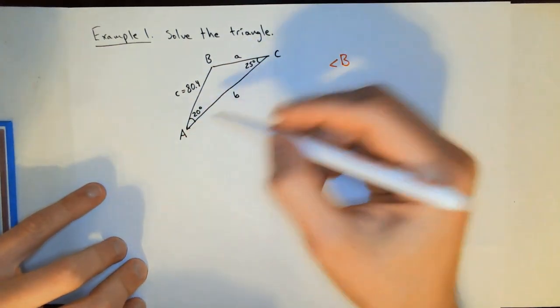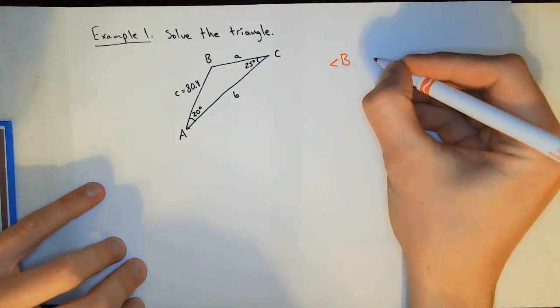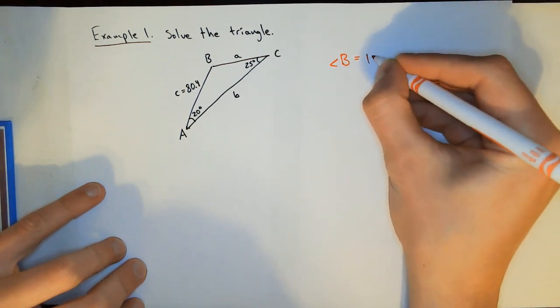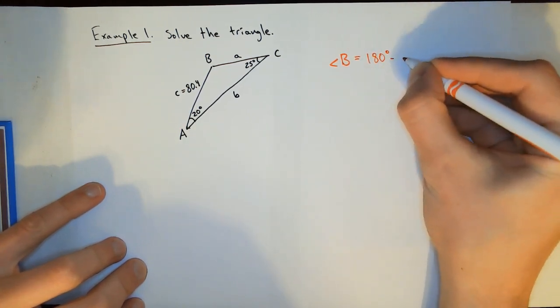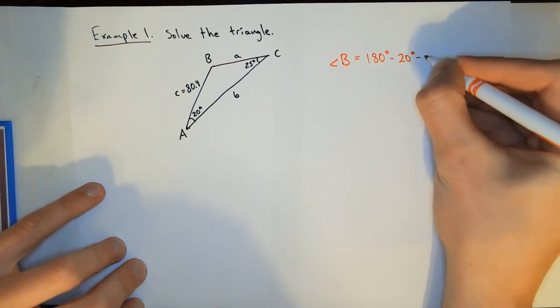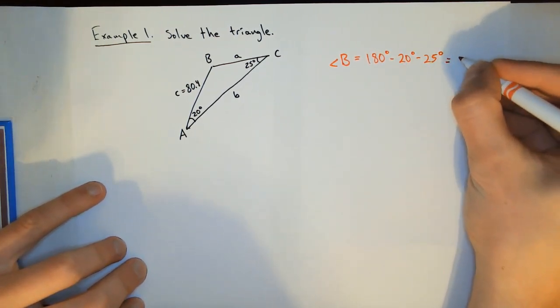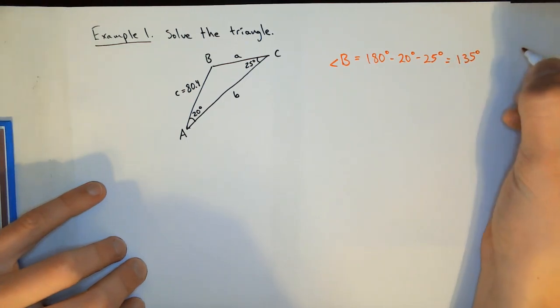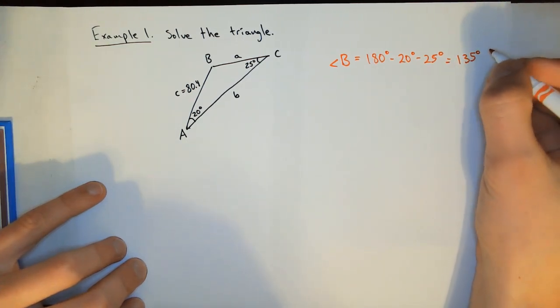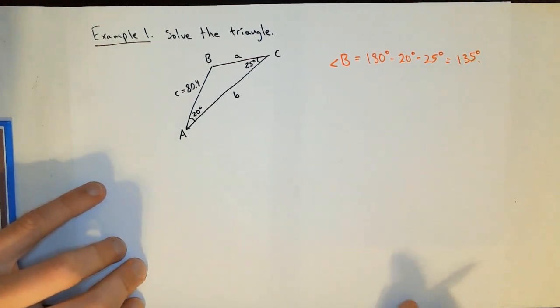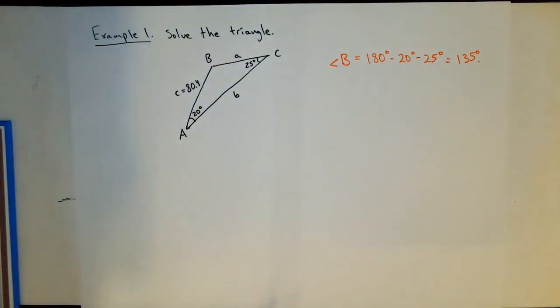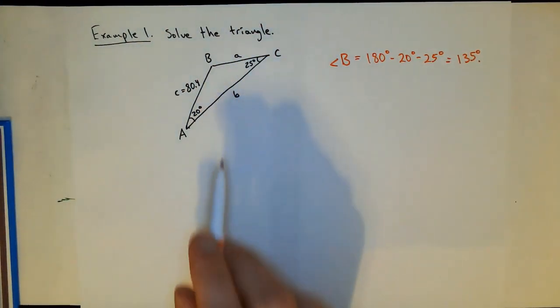The sum of the three angles in a triangle is equal to 180. So angle B will be equal to 180 degrees minus these smaller angles here, which is 135 degrees. Okay, that just came from geometry. The other two things we need to know are A and B.